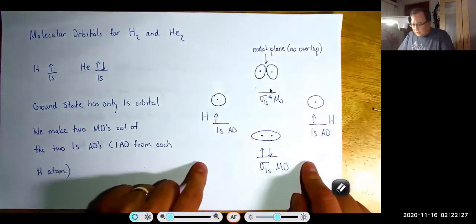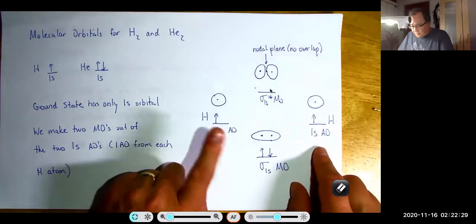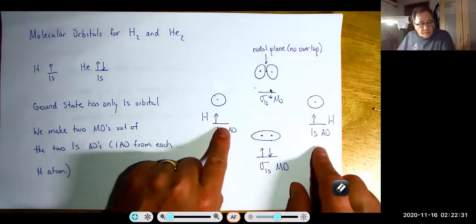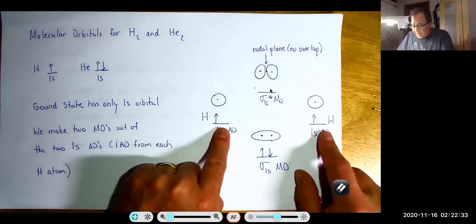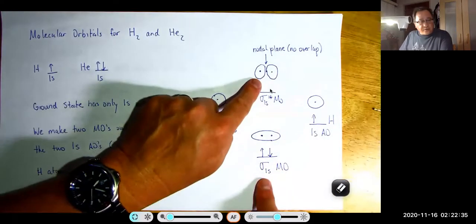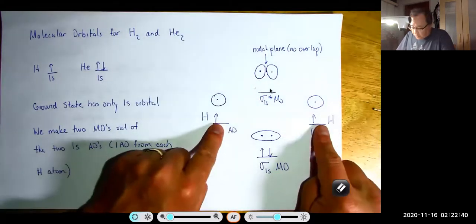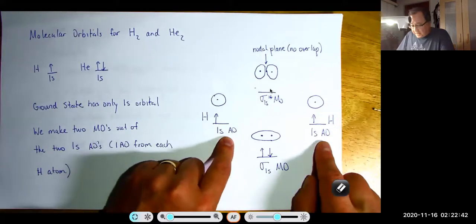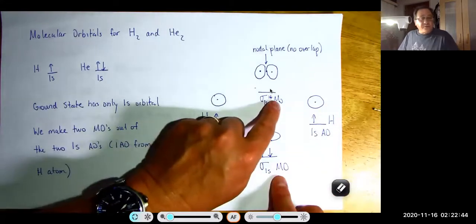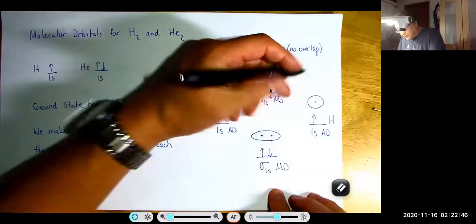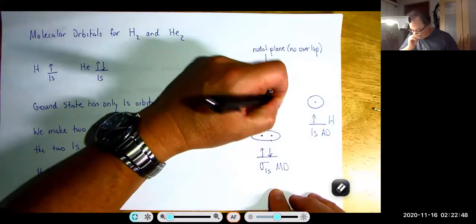First, you start off with an atomic orbital from each atom, and you get 2 molecular orbitals. You start off with 2 atomic orbitals, that's what AO stands for, and you get 2 molecular orbitals, which is what MO stands for.